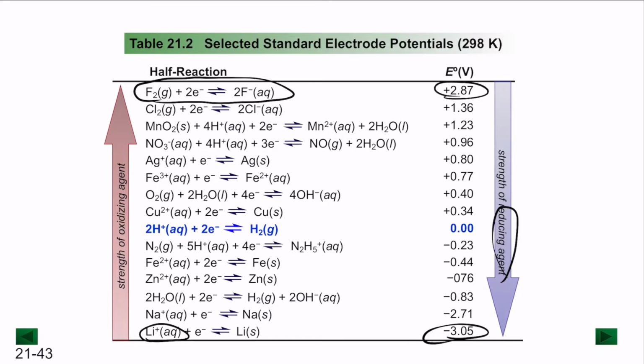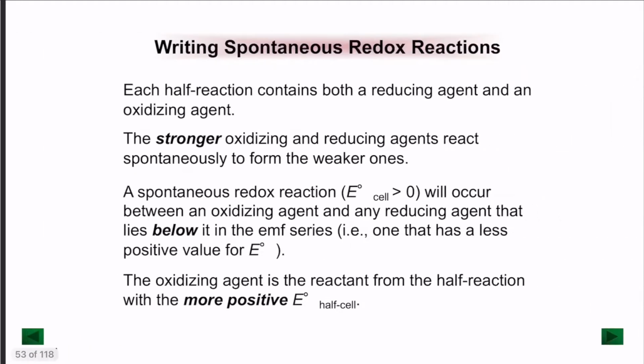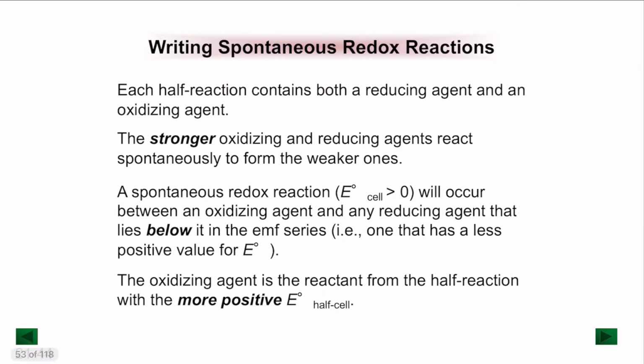So therefore it has a really big positive value. The more positive the value, the more the oxidizing ability that it has. So the strength of the oxidizing agent increases and the strength of the reducing agent decreases. Next let's talk about writing spontaneous redox reactions.